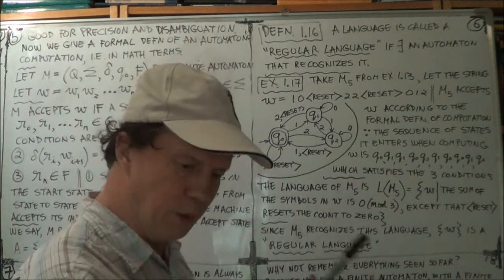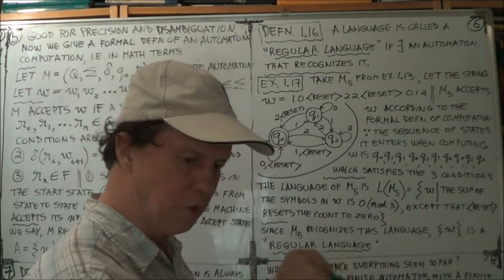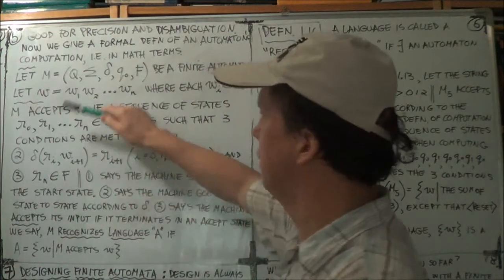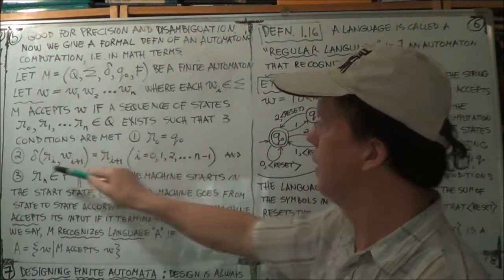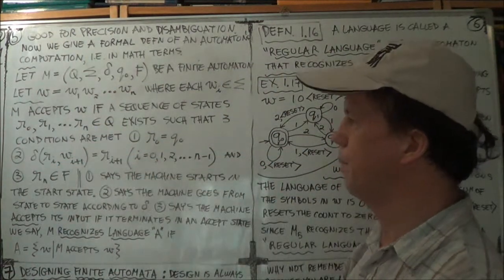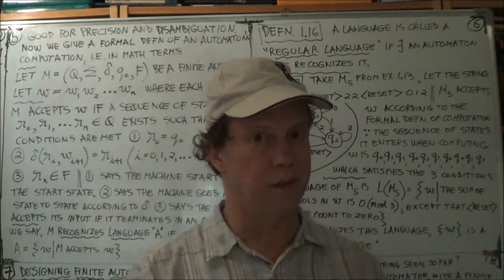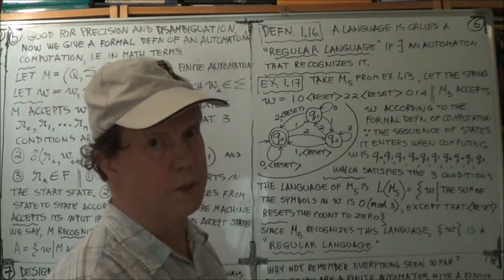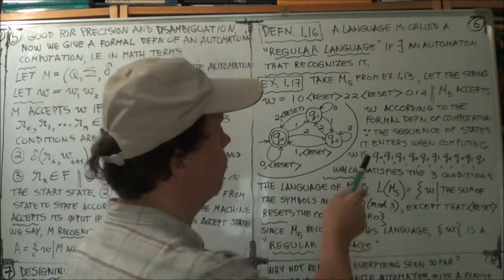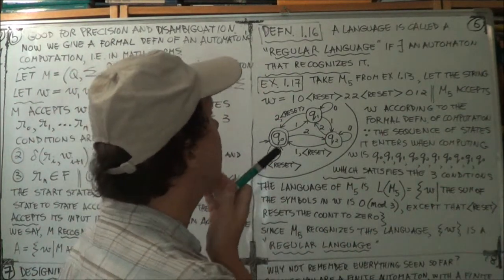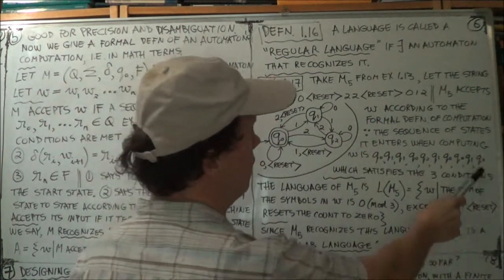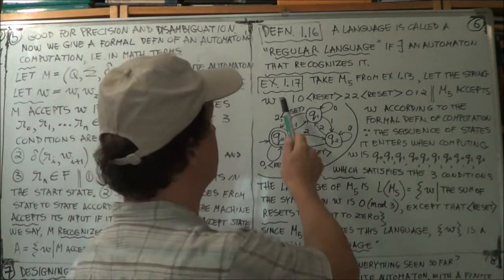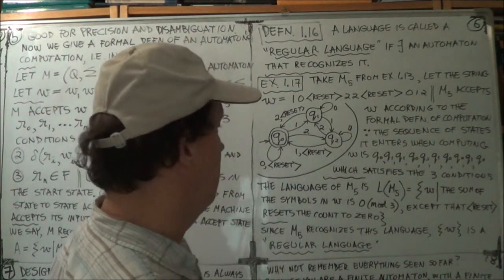You could use the formal definition with the transition functions, all those deltas, but it's just easier, especially if the automaton is simple, with a small number of states. So we went through the sequence. For this string, the final state was an accept state, and therefore this string is accepted.